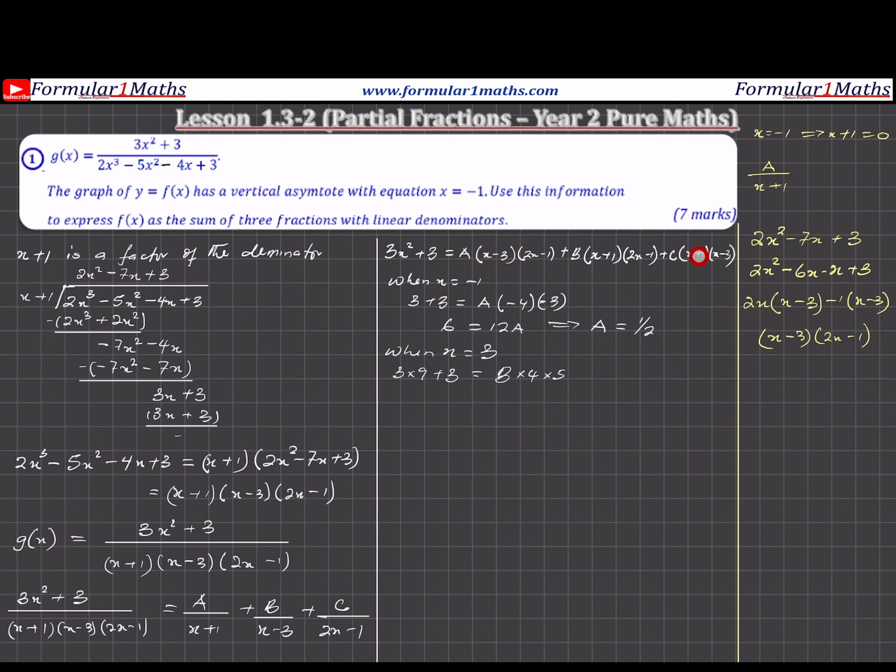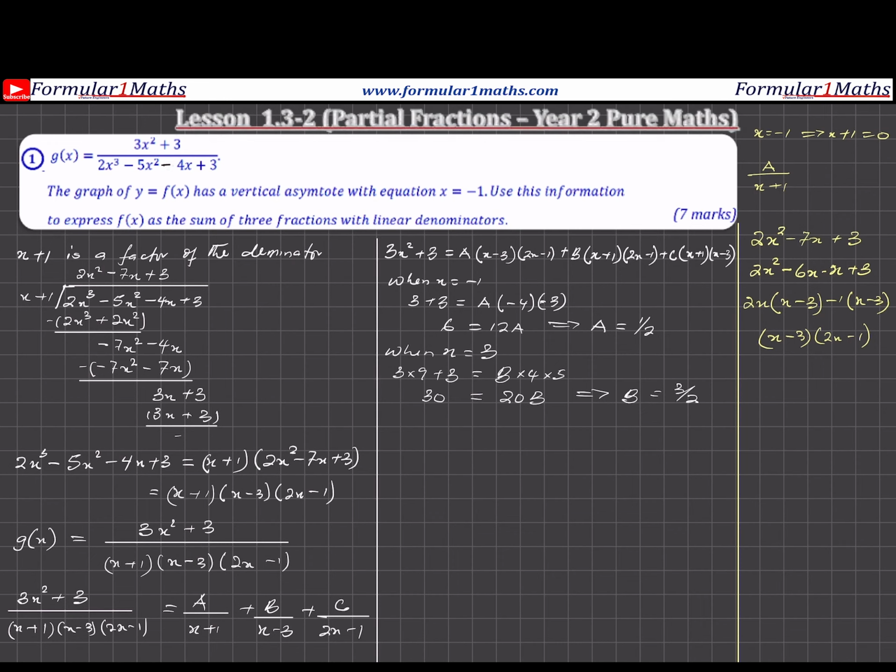Same with this term here. But 3 plus 1 is 4, and 2 times 3 is 6. 6 minus 1 is 5. And that's why I have this. If I solve for b, I'll have 30 is equal to 20b, which implies that b is equal to 3 over 2.